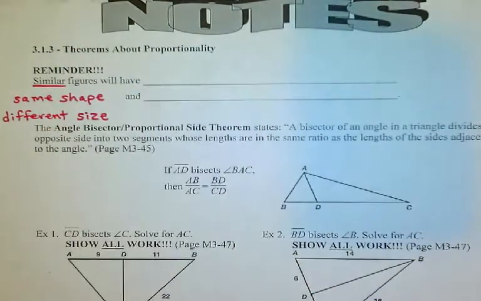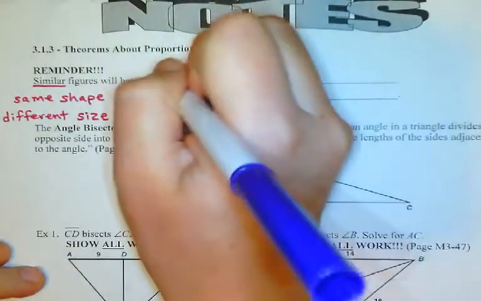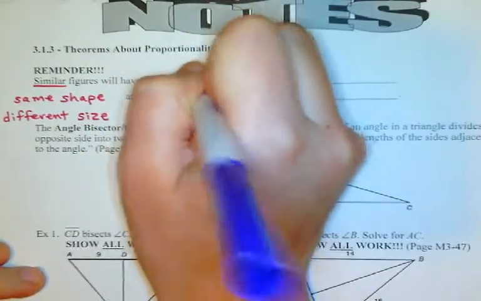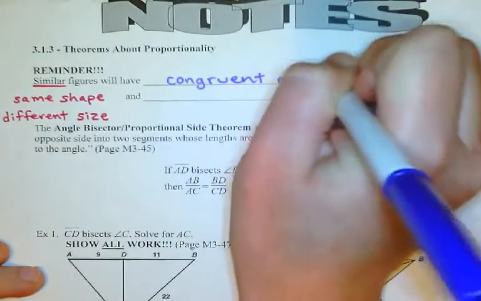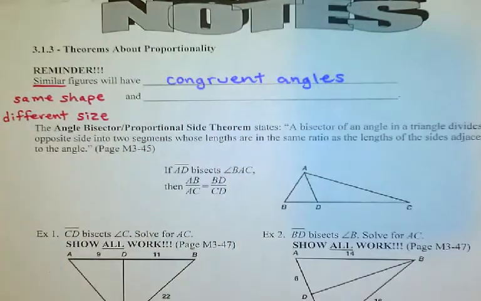Alright, and we know that similar figures are going to have congruent angles. Because if your angles are not congruent, if your angles are not the same, then that means you've got a different shape. They both might still be triangles, but they're triangles that are shaped differently, alright?